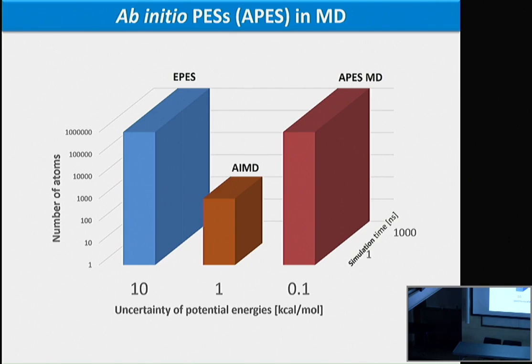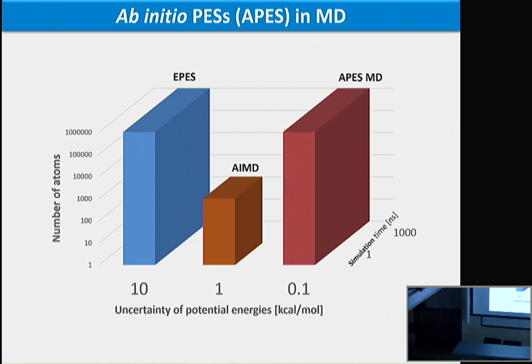One can use ab initio molecular dynamics based on on-the-fly DFT calculations. This has an accuracy of about 1 kcal per mole, just roughly. But of course, it's very time consuming. So you can maybe do 1,000 atoms for 1 nanosecond, and already this is an expensive calculation.